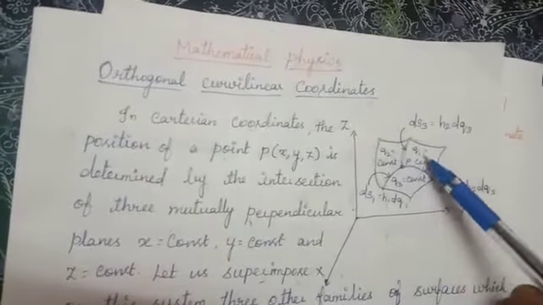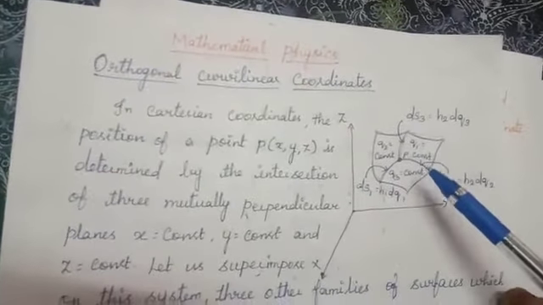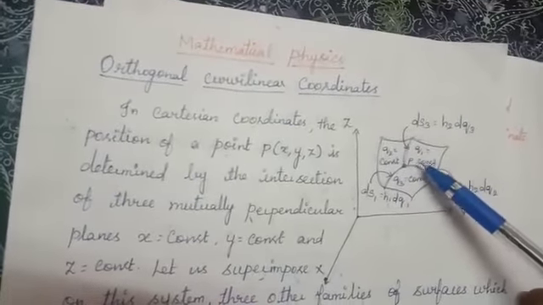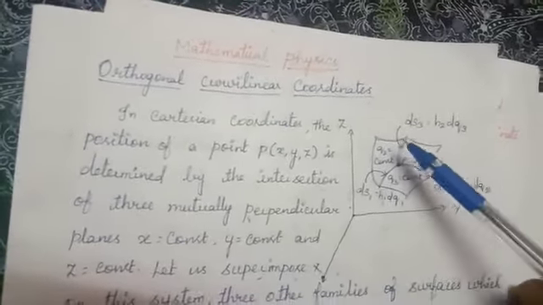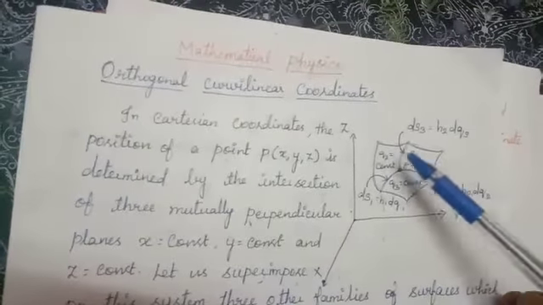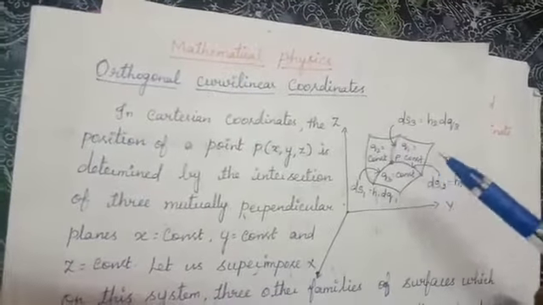The three new surfaces are called the coordinate surfaces, or curvilinear surfaces. If the coordinate surfaces are mutually perpendicular at every point P(x, y, z), then the curvilinear coordinates q1, q2, q3 are said to be orthogonal curvilinear coordinates.